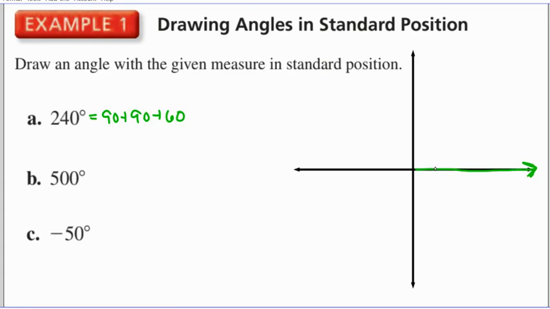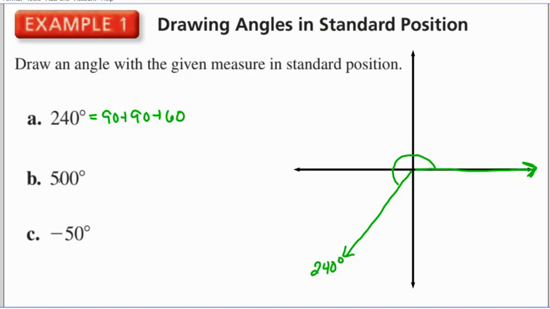I would go around 90 plus another 90 plus another 60 degrees, so about 2/3 of that, and this is going to be a 240-degree angle. Now you'll notice I'm using the degree symbol, and I'm also writing down the measure of that angle on its terminal side. Okay, so let's do another one.